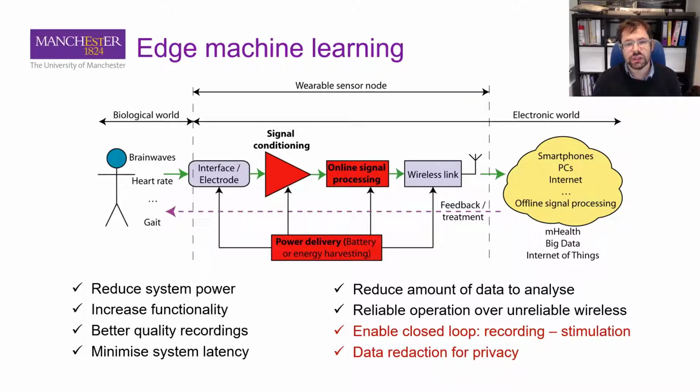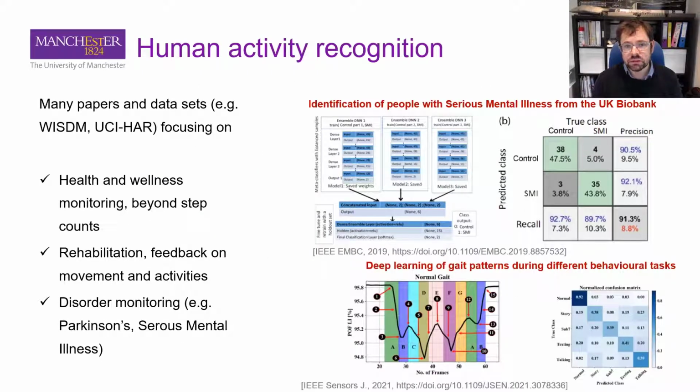And so both of those really motivate a processing of our data in the edge device that's near to the person. By processing, I mean machine learning, artificial intelligence, and in particular deep learning today.